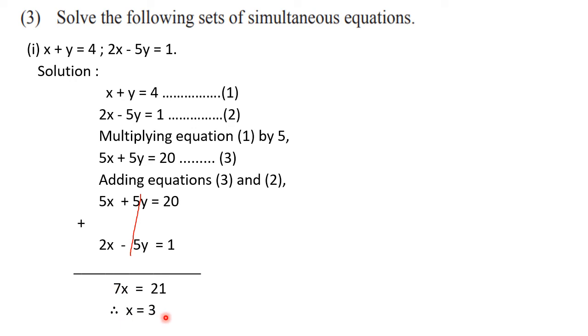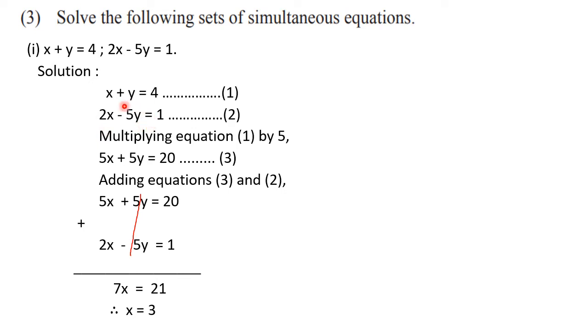Okay. So after equating the coefficients and after doing the addition, coefficient of y which were opposite, they got cancelled. Variable y got cancelled and we got the value of x as 3. Now we want to find value of y. So here this value of x we will substitute in any one equation.